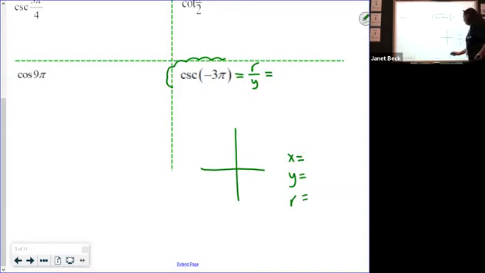So the first thing I have to do is graph the angle theta equals negative 3 pi. Negative 1 pi would take me there, negative 2 pi would take me there, negative 3 pi is going to take me here. Now, do I want all those wibbly wobbly bits on my picture? No. All I want is that terminal ray.